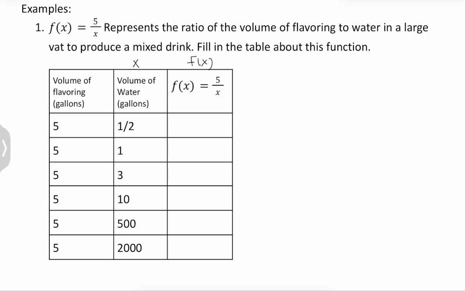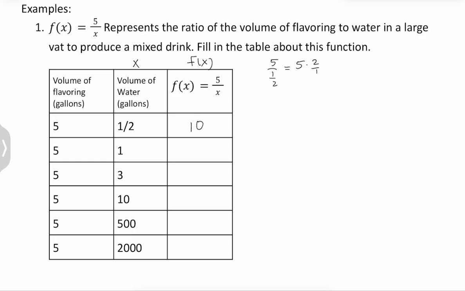Okay. So if we take 5 over 1/2, remember 5 over 1/2 is the same as 5 times 2 over 1, because dividing by a fraction is the same as multiplying by its reciprocal. So we're just really multiplying by 2.